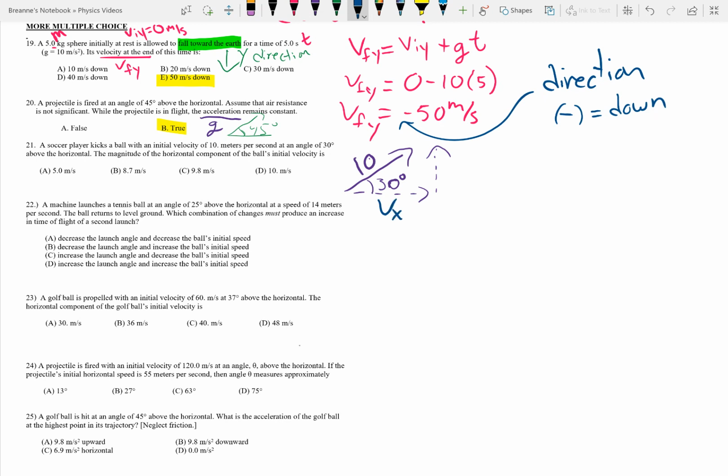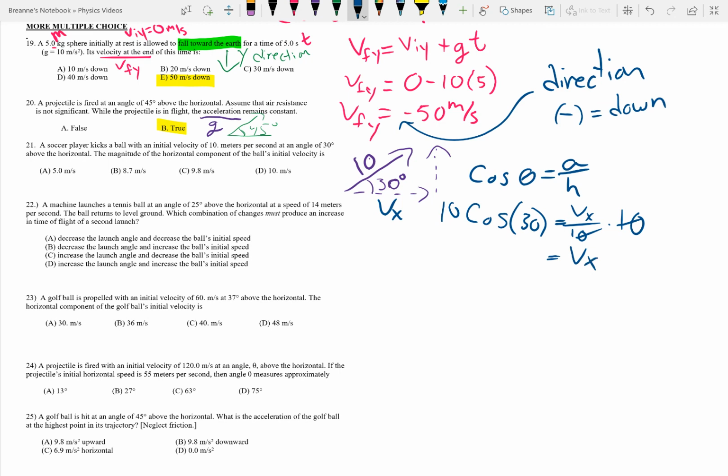So that would be cosine of the angle equals adjacent over hypotenuse. We want adjacent, so cosine 30 equals adjacent, which is x, over hypotenuse times 10. So your Vx will end up being 10 cosine 30.